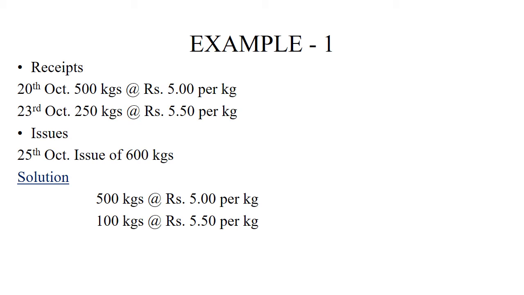So we know that we have a total stock of how much? 750 kilograms, that is 500 kilograms on October 20th and 250 kilograms on 23rd October. So we have a total of 750 kilograms, and here we have to find out at what price we should issue 600 kilograms.